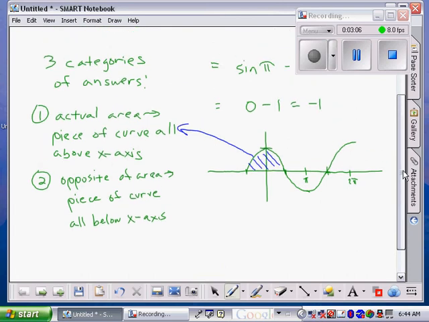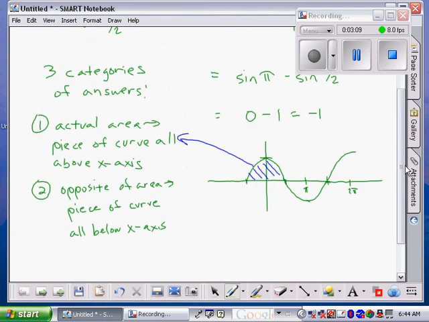Because we went from pi over 2 to pi. So we went from here to here. And see how all of that is beneath the curve? So we end up with a negative number, and if we wanted just a positive area, we would just have to change the sign.